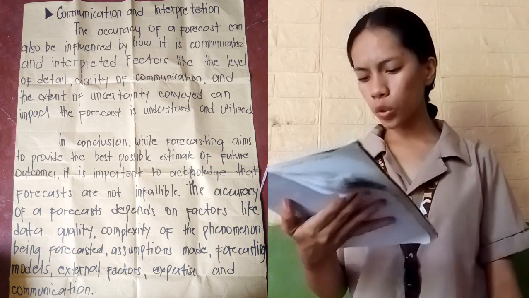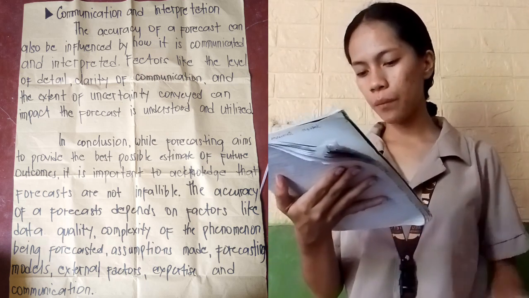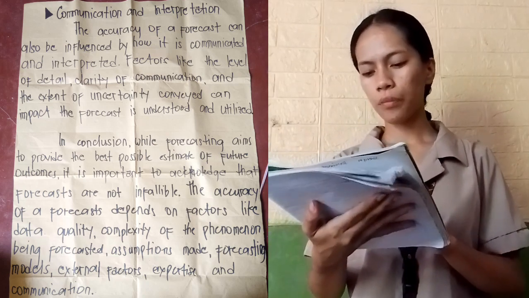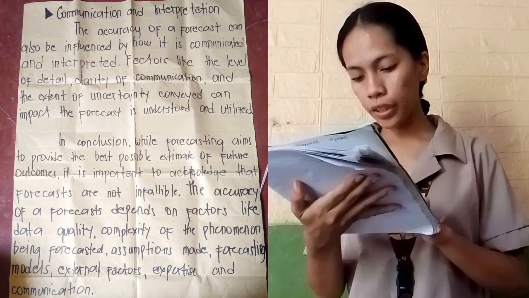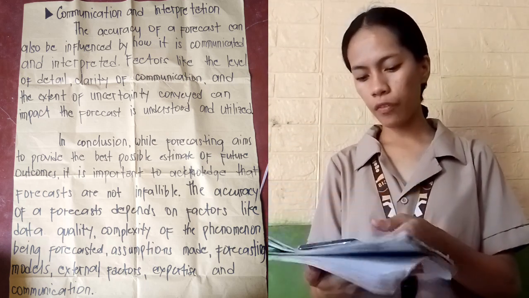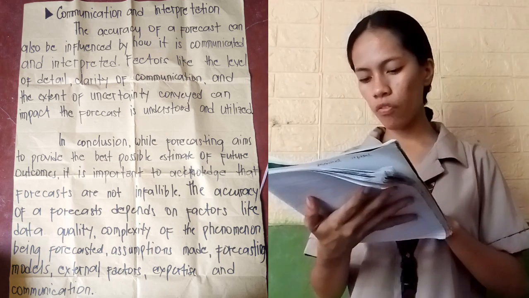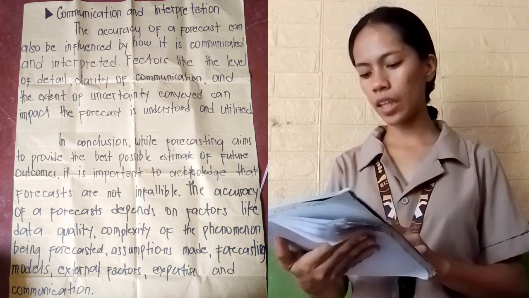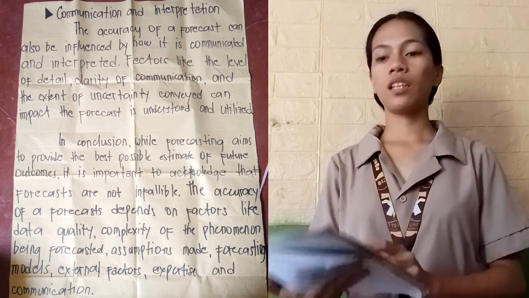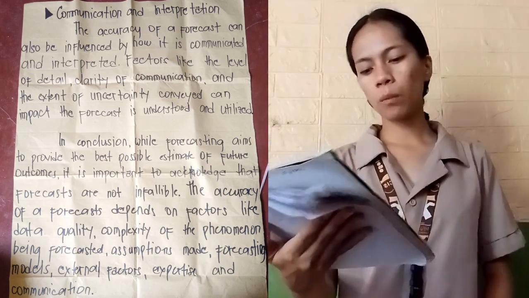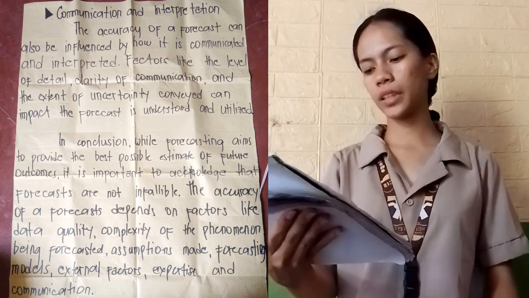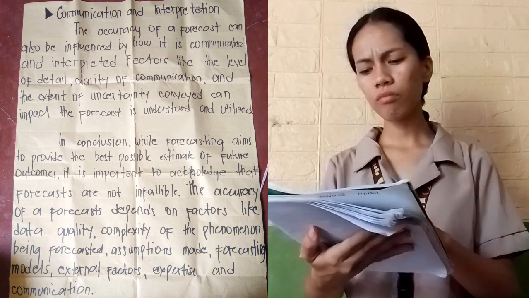So, in conclusion, while forecasting aims to provide the best possible estimate of future outcomes, it is important to acknowledge that forecasts are not infallible. The accuracy of a forecast depends on factors like data quality, complexity of the phenomenon being forecasted, assumptions, forecasting models, external factors, expertise, and communication.